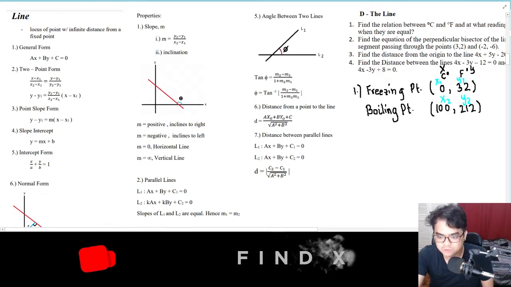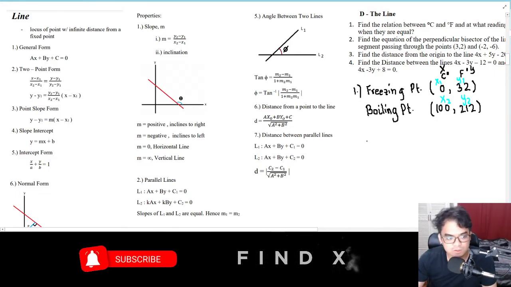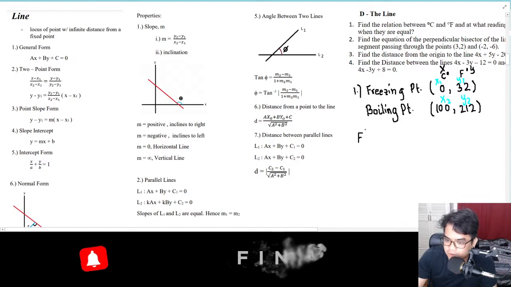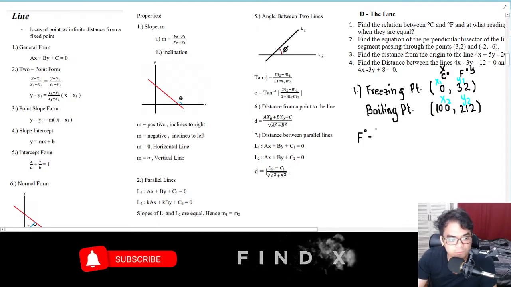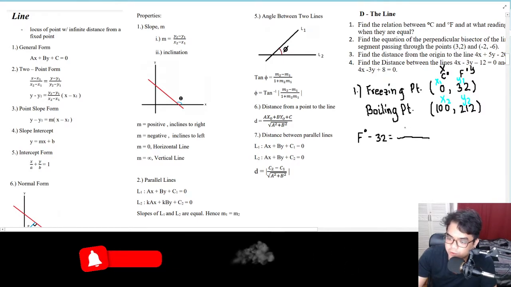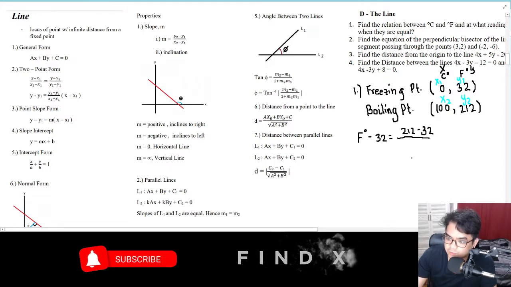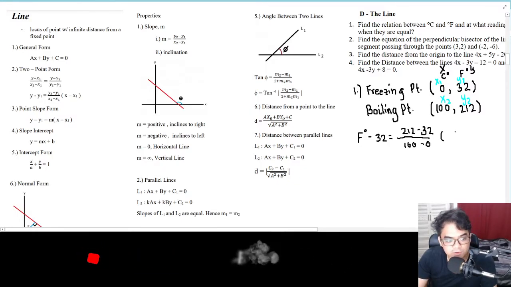So using that one, you'll have y minus y1, but your y here is Fahrenheit. So this will become F minus y1, which is 32, equal to y2 minus y1, so 212 minus 32, all over x2 minus x1, which is 100 minus 0, times your x minus x1.